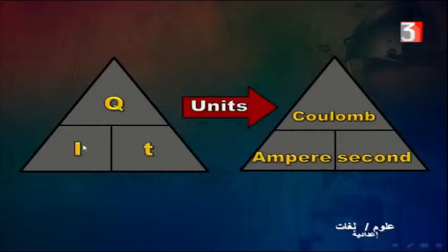If we want to calculate electric current intensity, it is quantity over time. If we want to calculate the time, it is quantity over intensity. And if we want to calculate the quantity of electric charges, it is intensity multiplied by time.